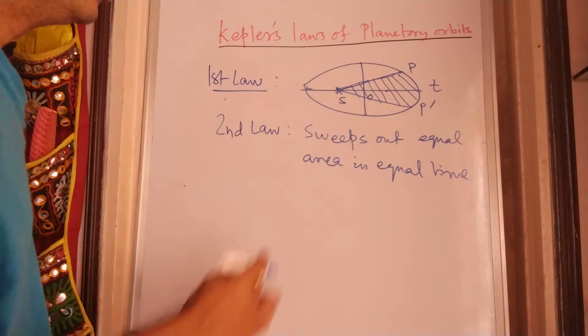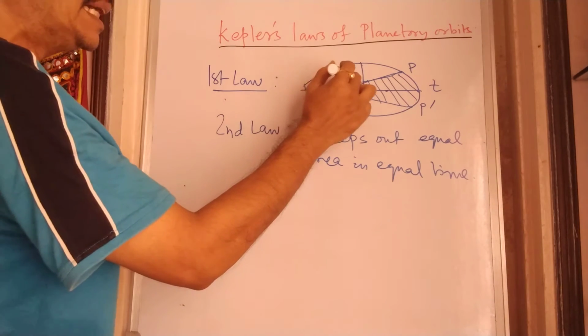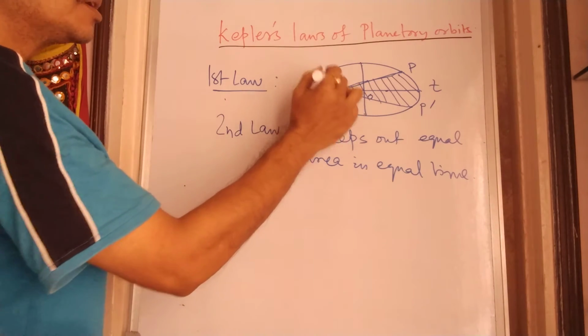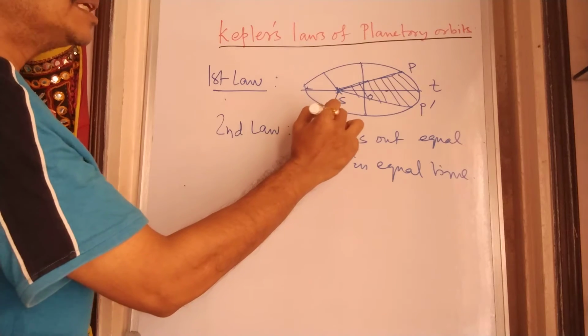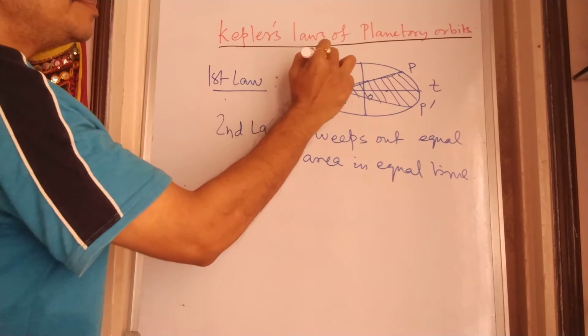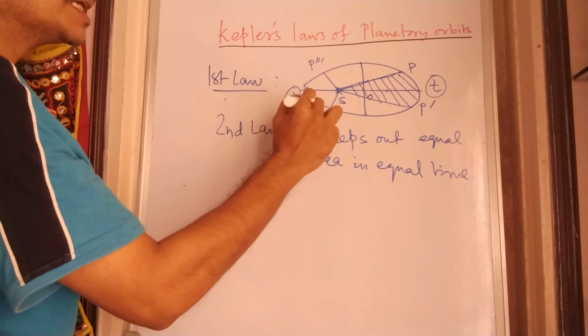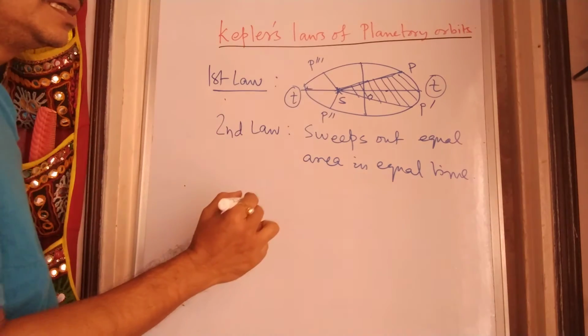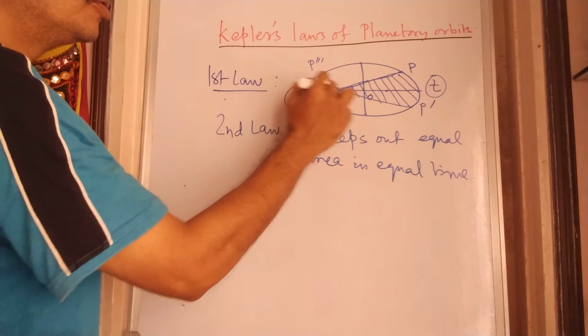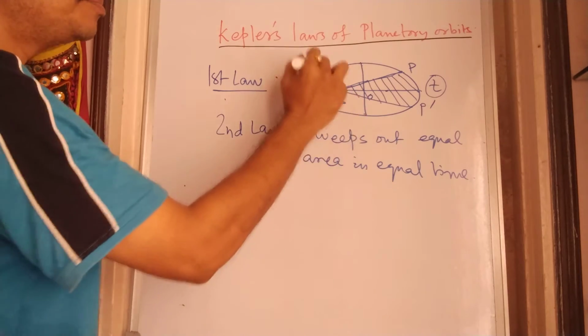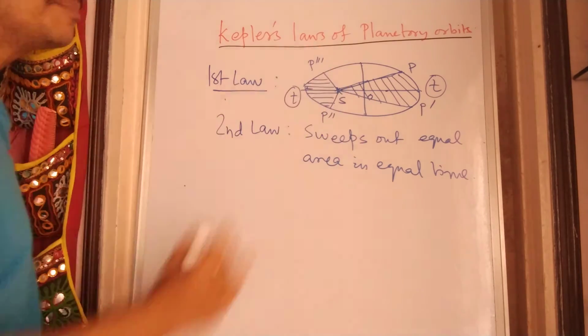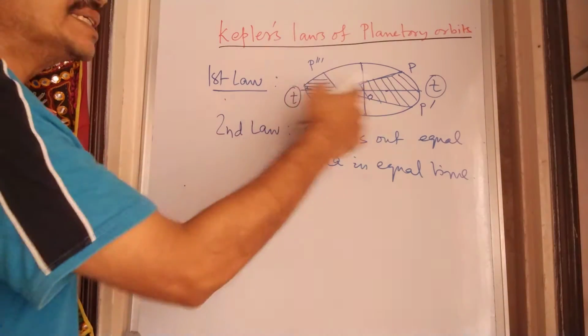Now we assume that it moves from P double prime to P triple prime in the same time window t. Then these two areas, P double prime S P triple prime, will be equal to this area.